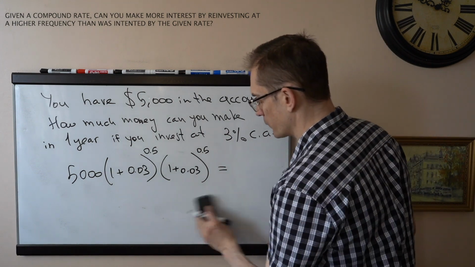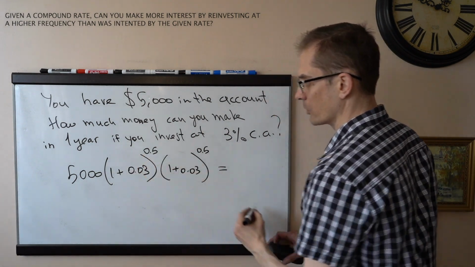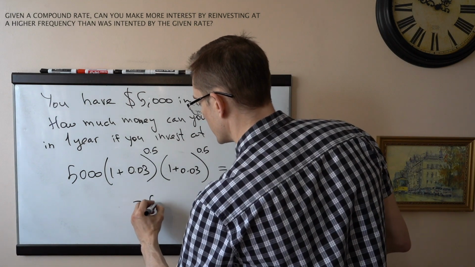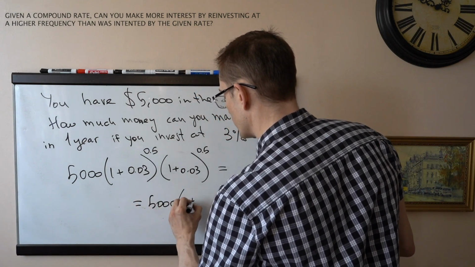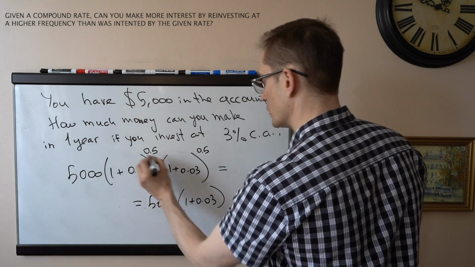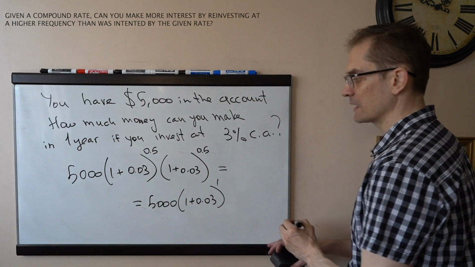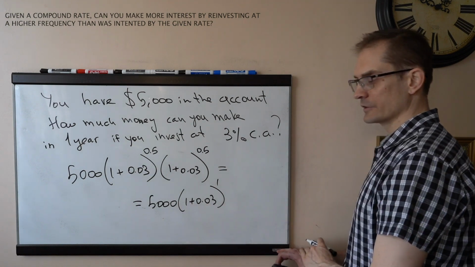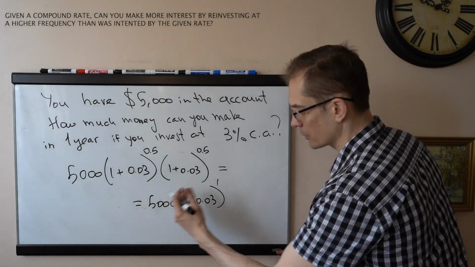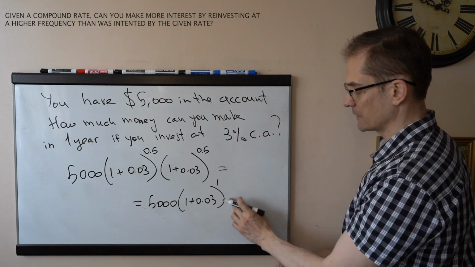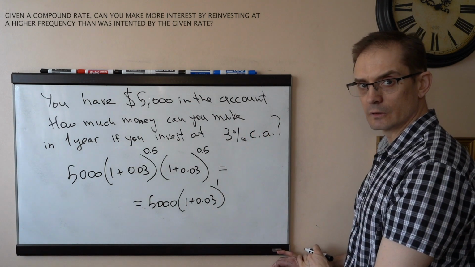Okay, so therefore the way this will work is that you will end up with $5,000 times (1 plus 0.03) to the power 0.5 plus 0.5, which is 1, right? And you end up exactly with the future value of $5,000 at 3% compounded annually for 1 year. Okay.